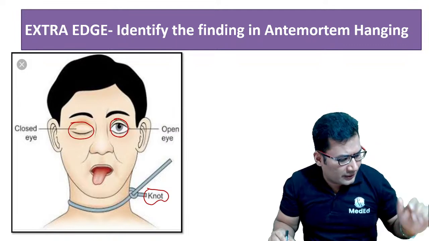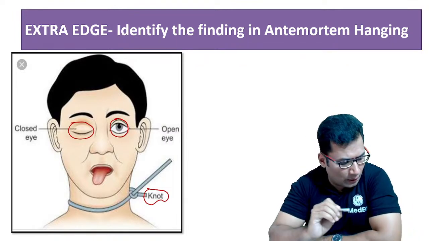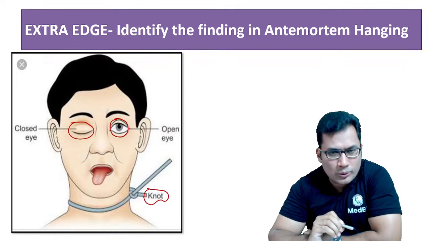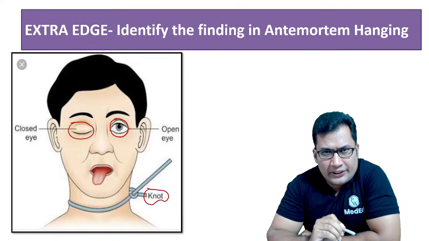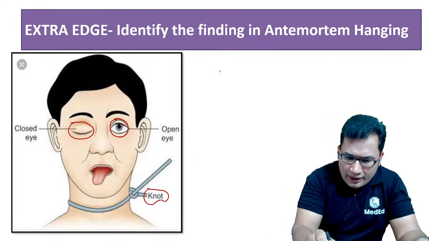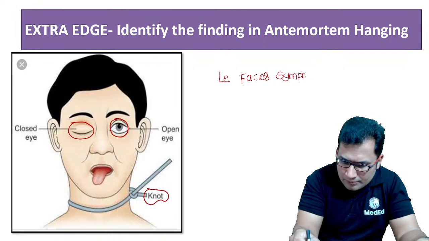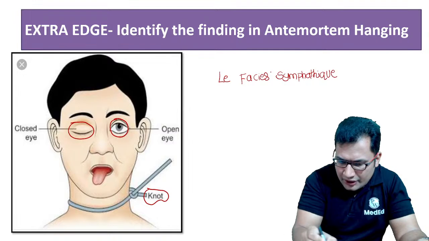What is it known as? Anyone can answer? Yes, come on. Mr. Harsha, yes. So this is known as Lay Faces sympathetic. So this can be asked in your exam.